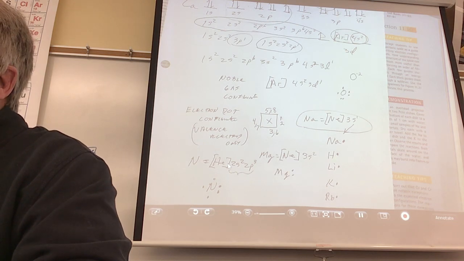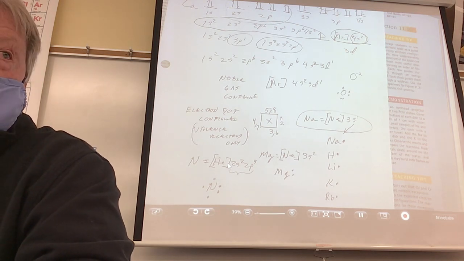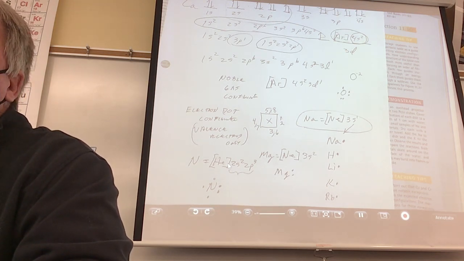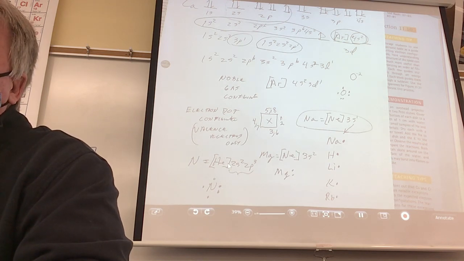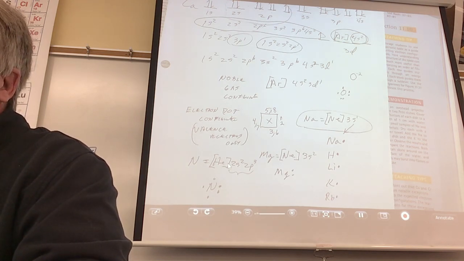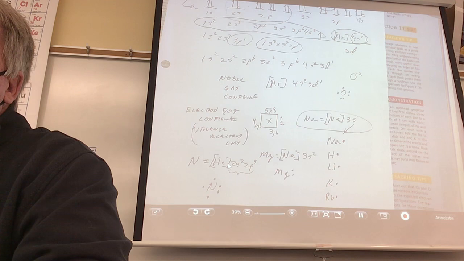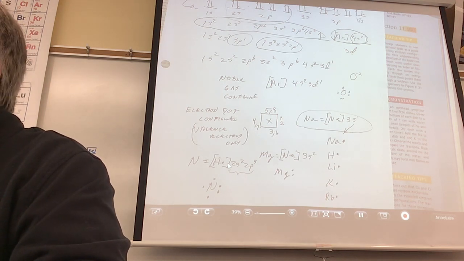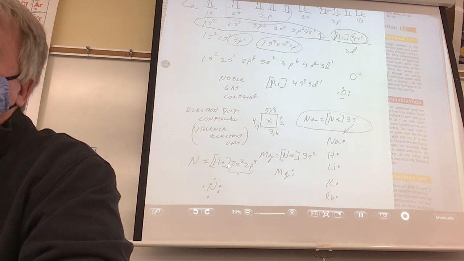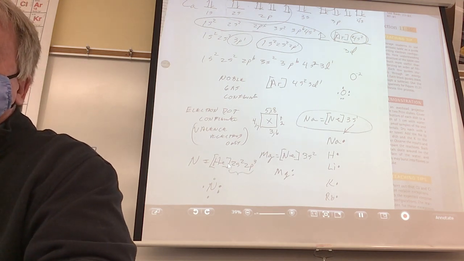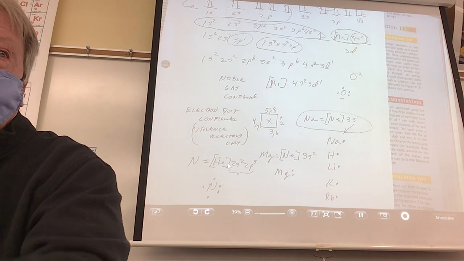What's the electron dot for O minus 2? All right, how many electrons total does O minus 2 have? 10. What would you do with 10 electrons? I put 2 in the first energy level and 8 in my outermost energy level.